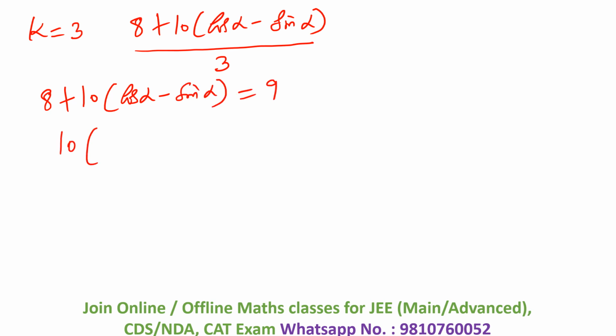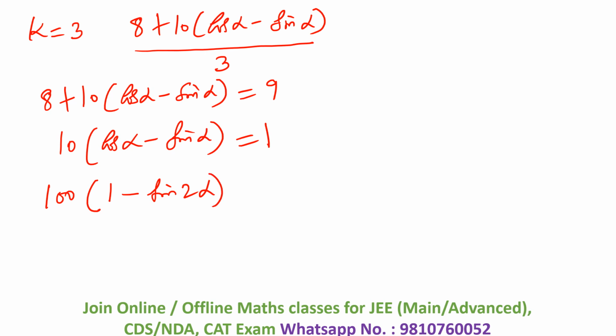So from here we get 10 times (cos alpha minus sin alpha) equal to 1. Now just square both sides of the equation. You will get 100 into (cos square alpha plus sin square alpha minus 2 sin alpha cos alpha) equal to 1. Now cos square alpha plus sin square alpha is just 1, and 2 sin alpha cos alpha is nothing but sin 2 alpha. So students, from here I get the value of 100 sin 2 alpha as 99.